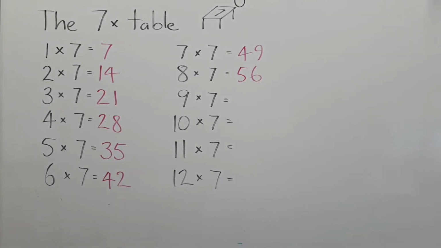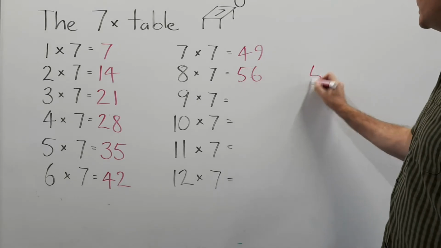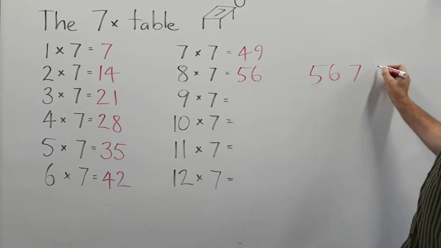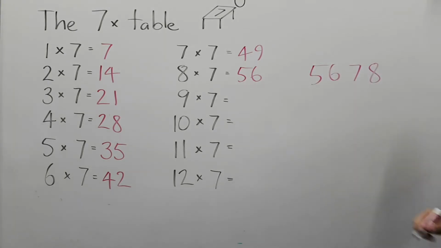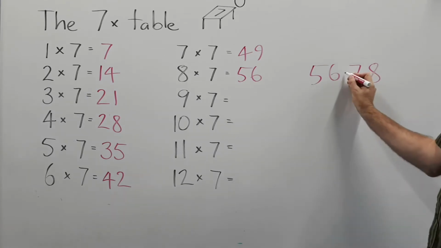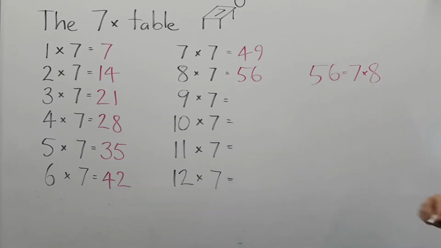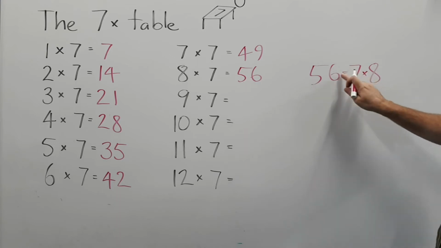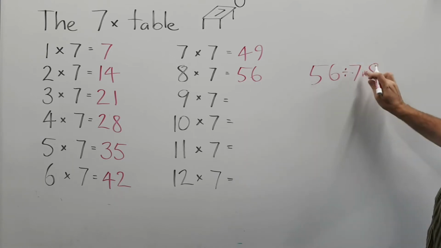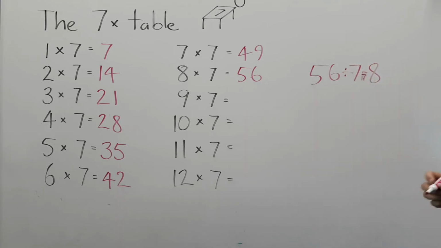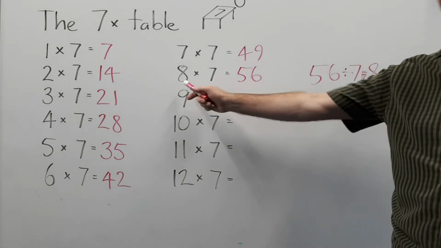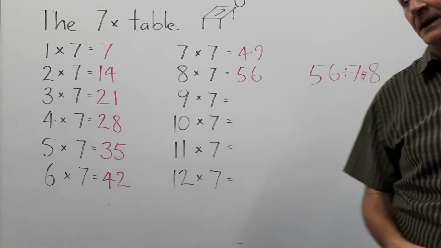If I write 5, 6, 7, 8 like that, I can say 56 equals 7 times 8, or I can go 56 divided by 7 is 8. It's the same family effect I can use, 5, 6, 7, 8. It means that 7 times 8 is 56. It's quite a handy little trick that you can use for your 7 times table and your 8 times table. It's pretty cool.